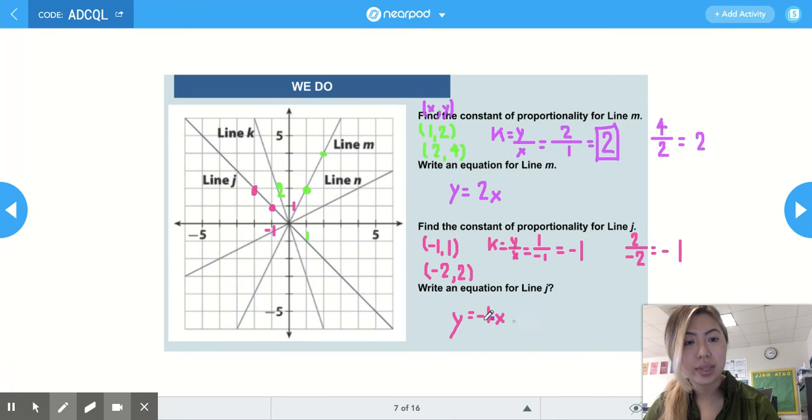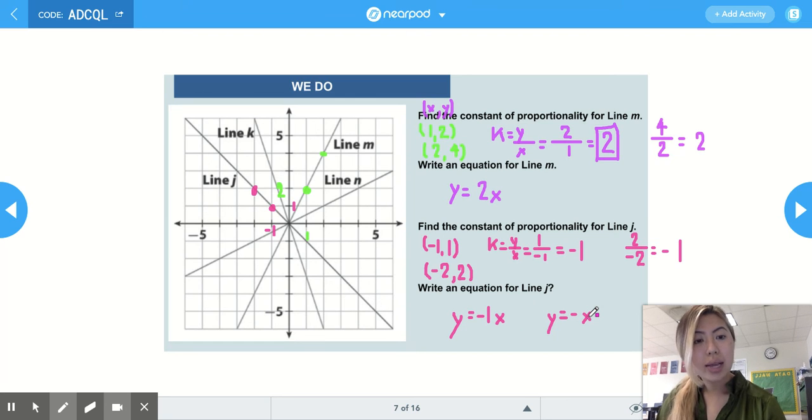Another way to write this equation is y is equal to -x. X and every other variable used in math, variables being letters used to represent numbers, have an invisible 1 in front of it. So sometimes you can write the 1, and then other times you don't have to.